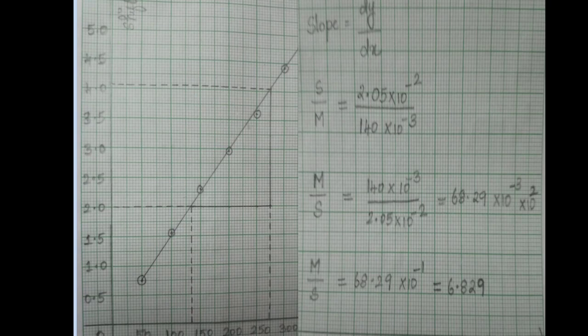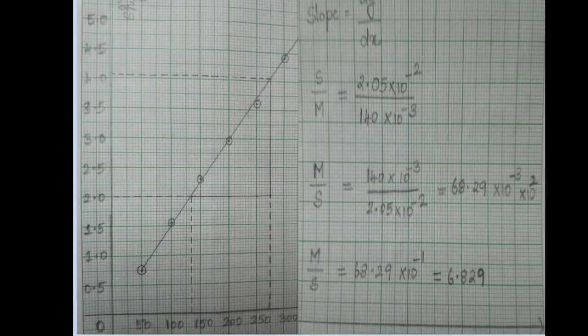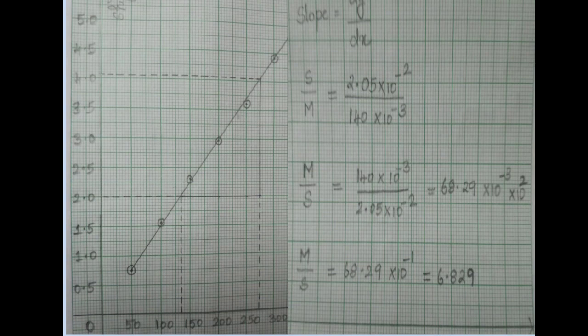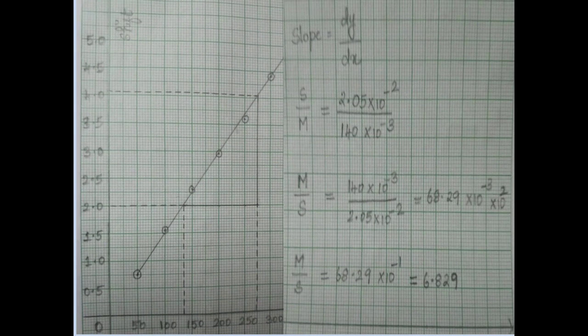So the corresponding intercept along the y-axis is found to be 2.05 into 10 power minus 2. In the same way, along the x-axis it is found as 140 into 10 power minus 3 kilogram. So taking the inverse of this, we get m by s, that is 140 into 10 power minus 3 divided by 2.05 into 10 power minus 2.